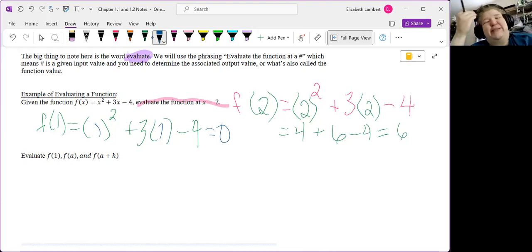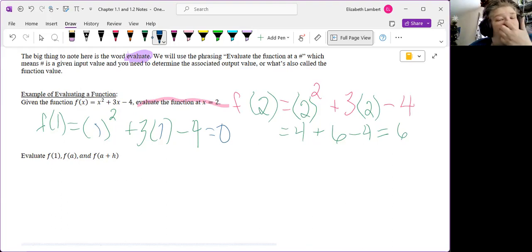Now, our input doesn't have to be a number, though. All the function is doing is saying square the thing, add 3 times the thing, and subtract 4. That thing could be whatever we want. If I want the thing to be a banana, I would have banana squared, whatever that means, plus 3 times a banana minus just 4 things.